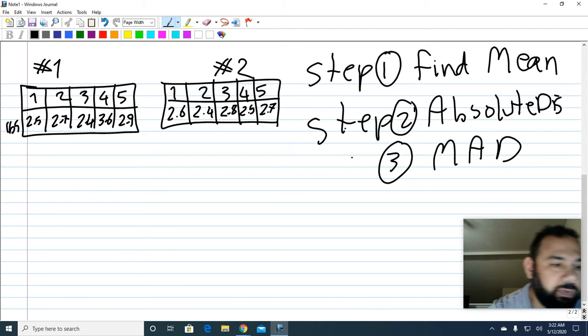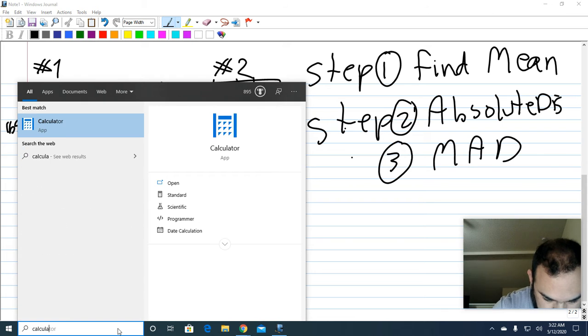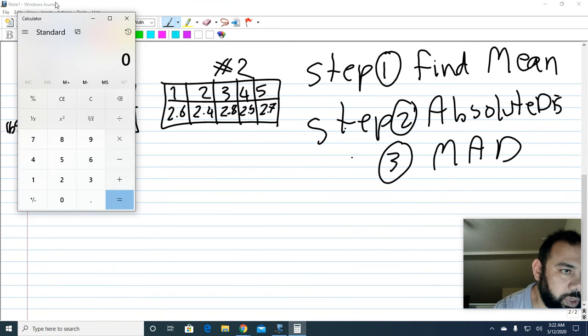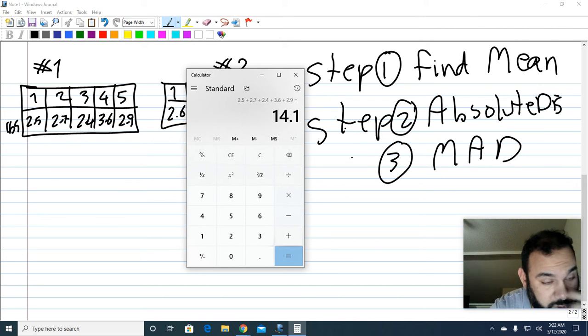So step 1, let's find the average of each one. For this one, I will use my calculator and add the numbers. 2.5 plus 2.7 plus 2.4 plus 3.6 plus 2.9 equals 14.1. I have 5 values, so divide by 5.